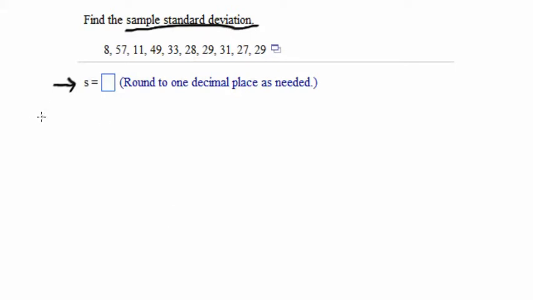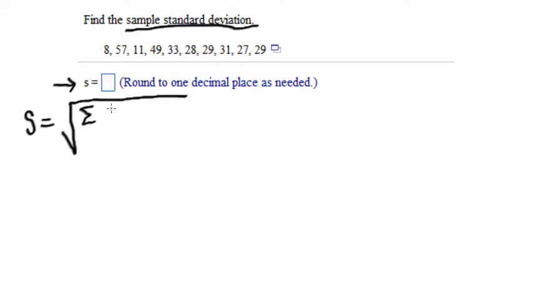So we're going to solve for lowercase s, and it mentions this in your textbook that the sample standard deviation is equal to the square root of the summation.